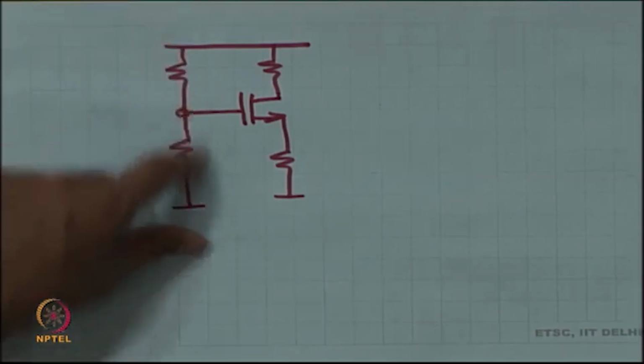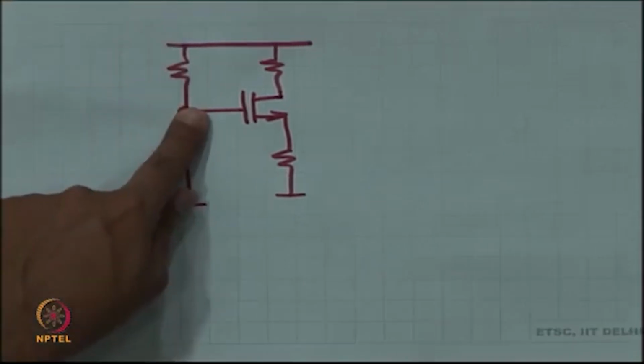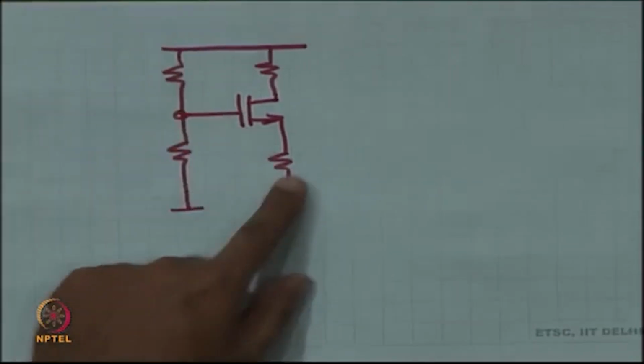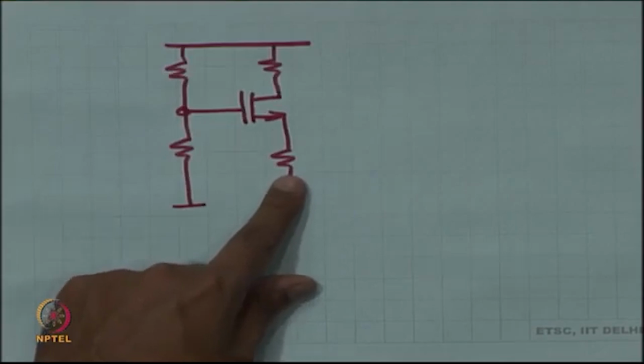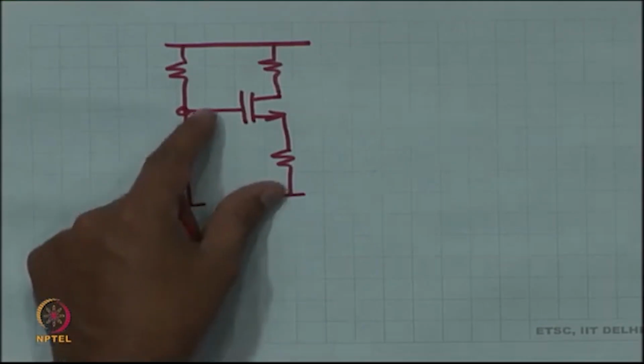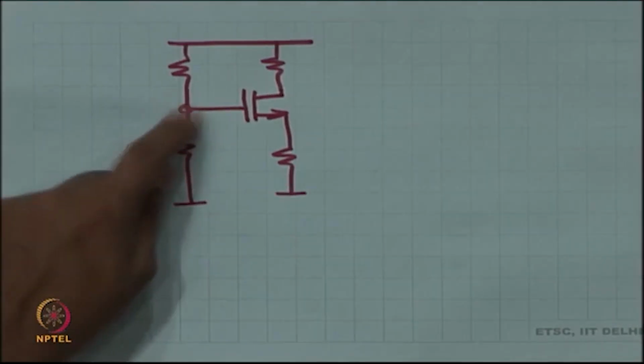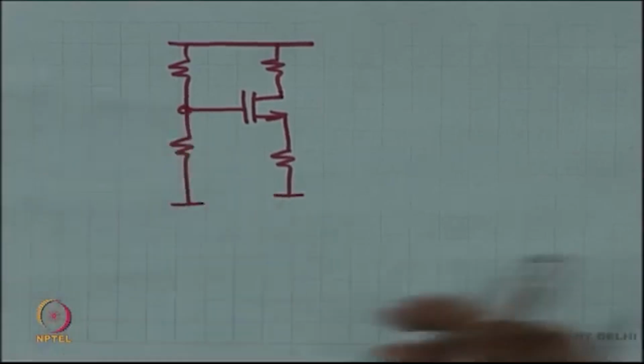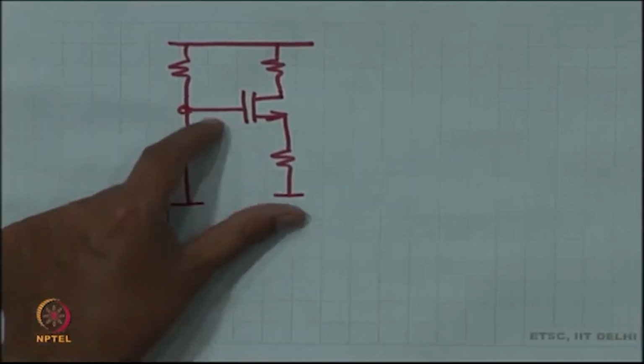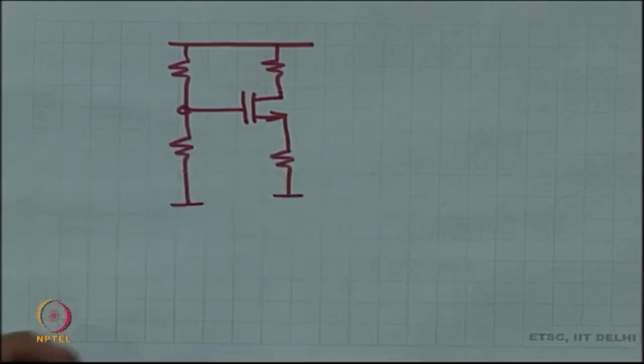On this side you establish the voltage at the gate, and this resistor is important because otherwise the current is too sensitive to this precise voltage. To reduce the sensitivity, we place this resistor, and now you have a much more stable DC operating point.